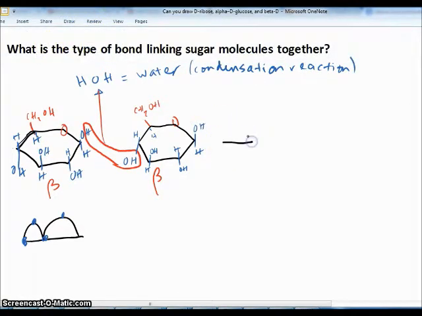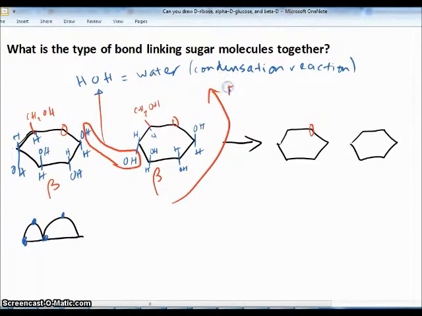Now once the condensation reaction has happened, we still have the two rings of sugar joining together. However, something happened. The second molecule, in order to be close, will have to flip.